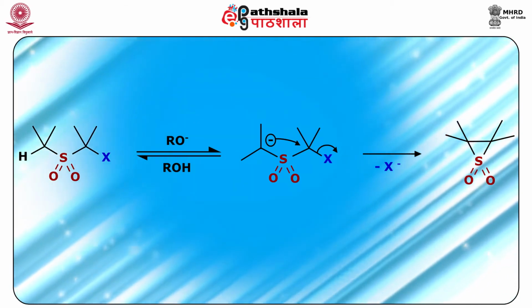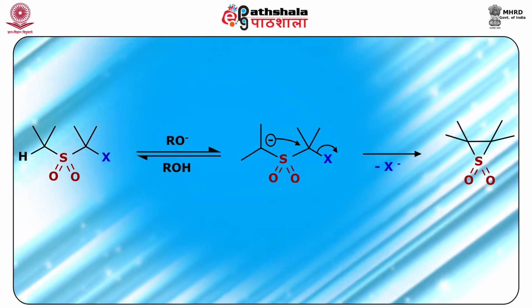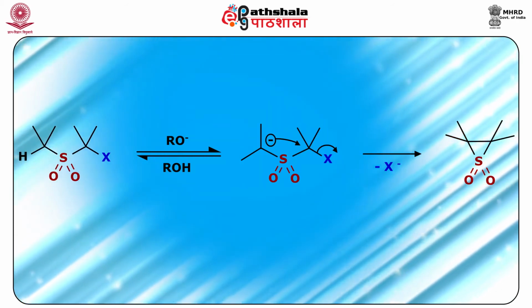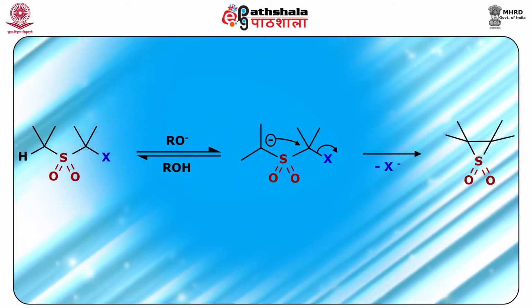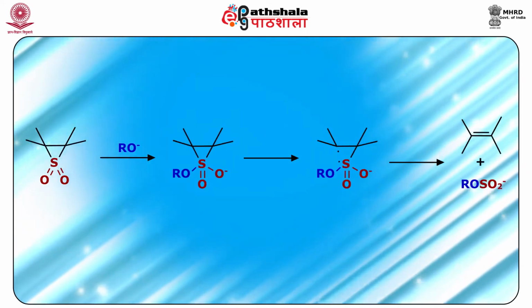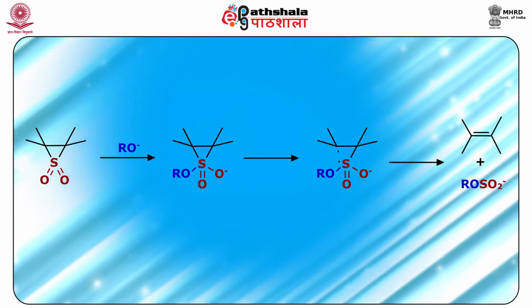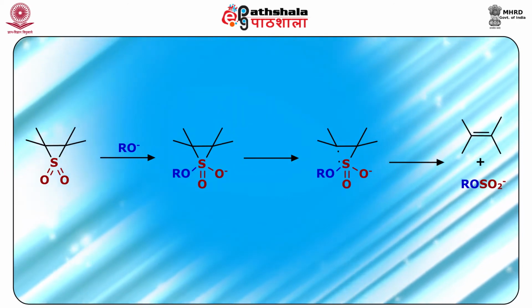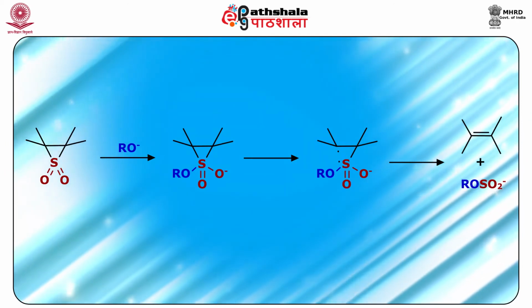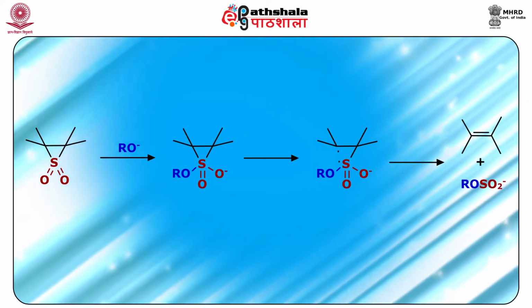The extrusion reaction might have a linear geometry, and this would make the loss of SO2 symmetry forbidden. Due to this reason, this step has been suggested to involve dipolar and diradical stepwise mechanisms by some researchers.